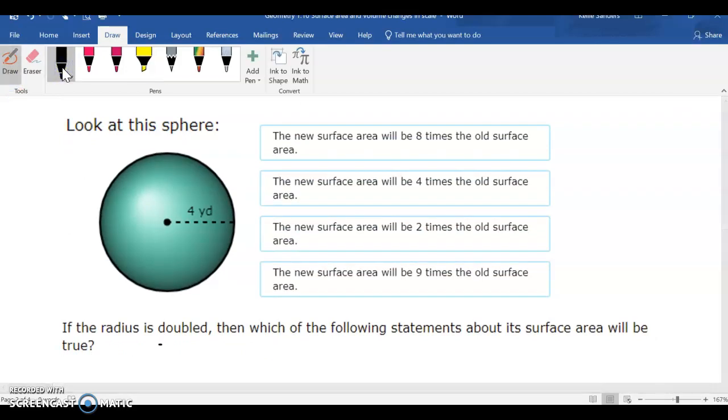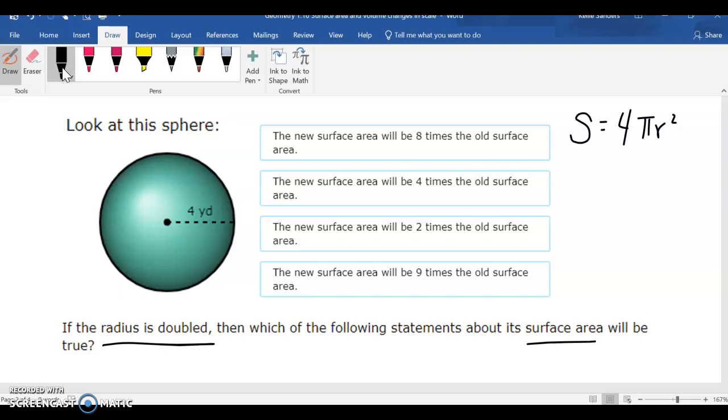The radius is doubled. Just find the surface area. Surface area of a sphere is 4 pi r squared. So that's old.